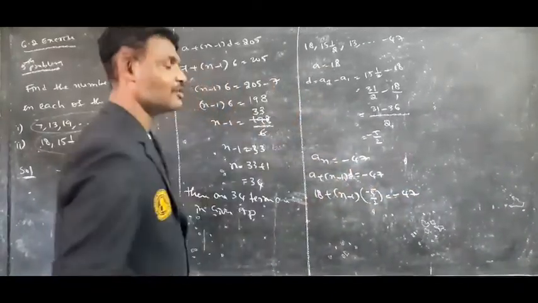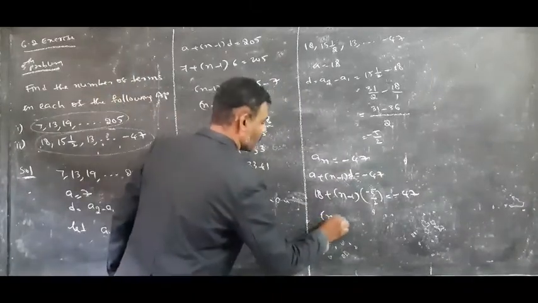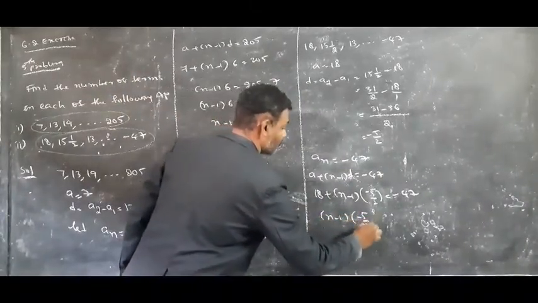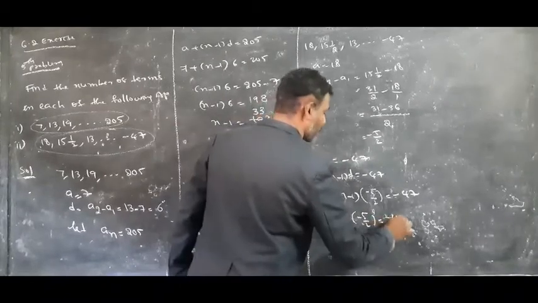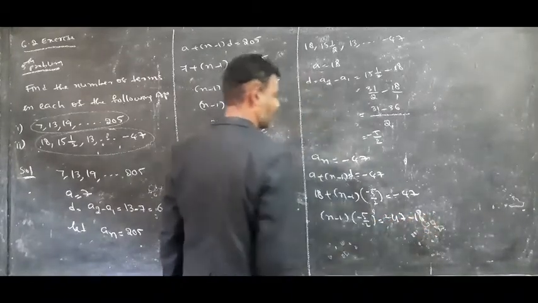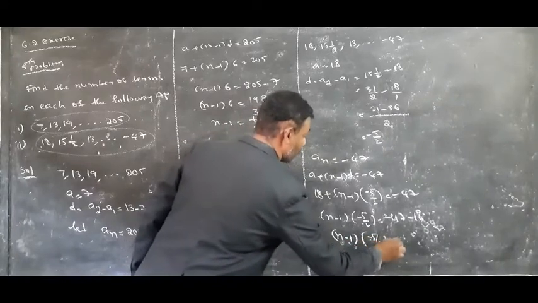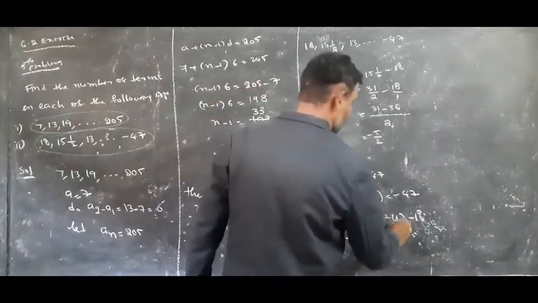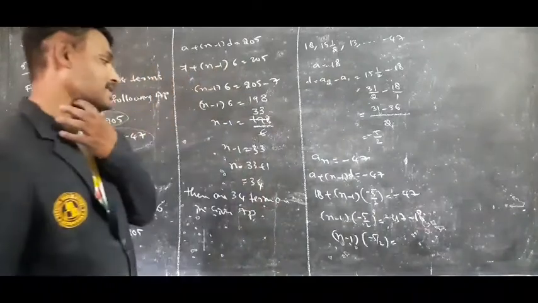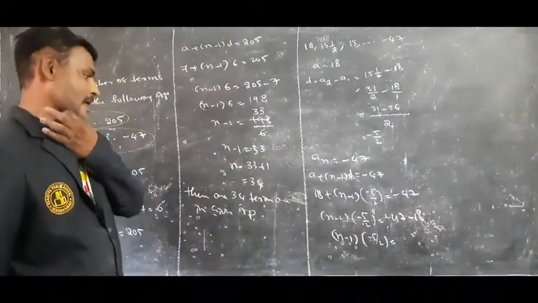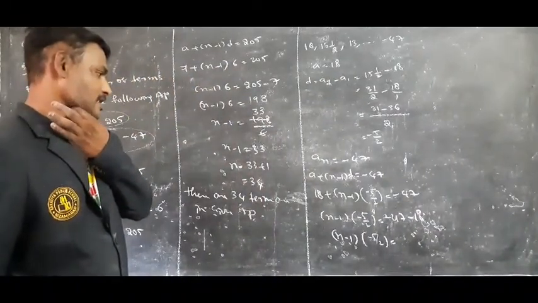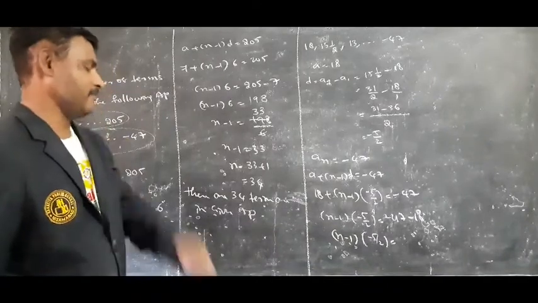Plus 18 converts to minus 18. (n - 1) × (-5/2) = -47 - 18. That gives -65.